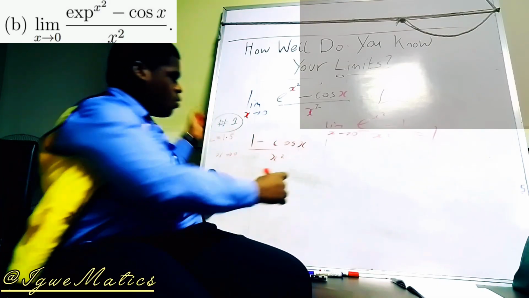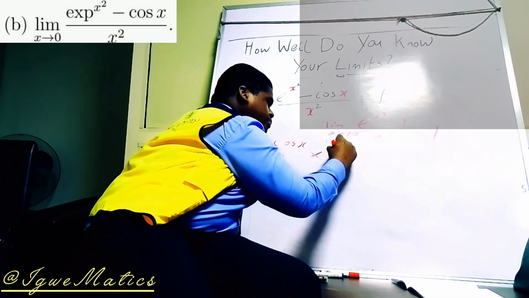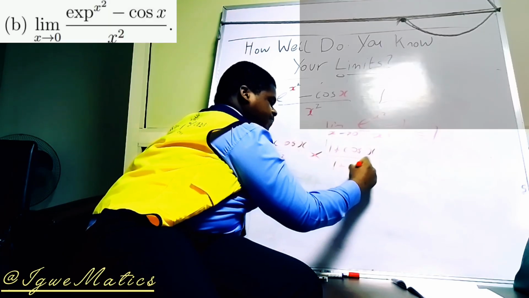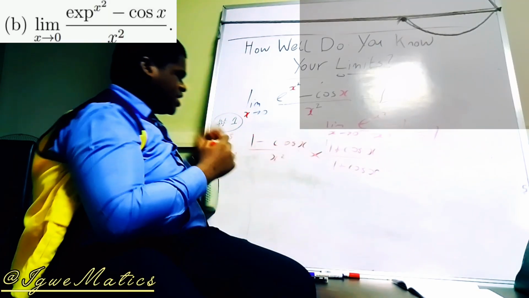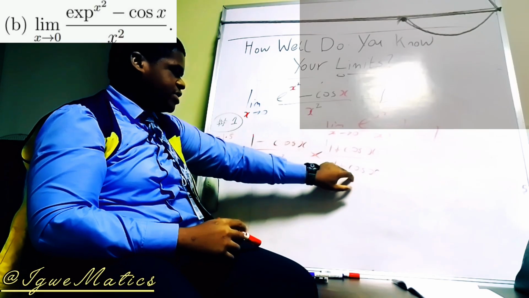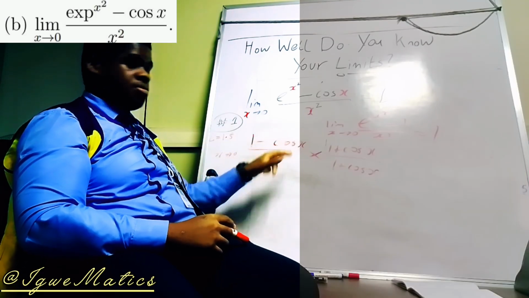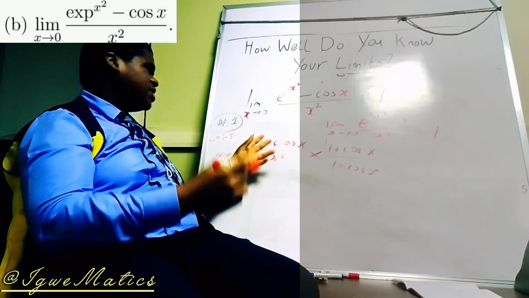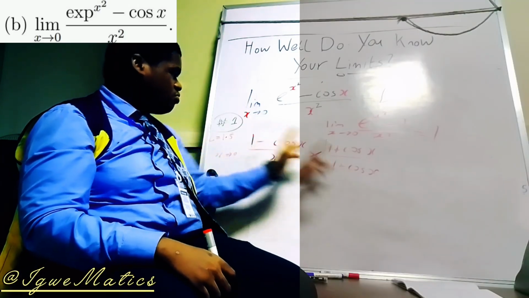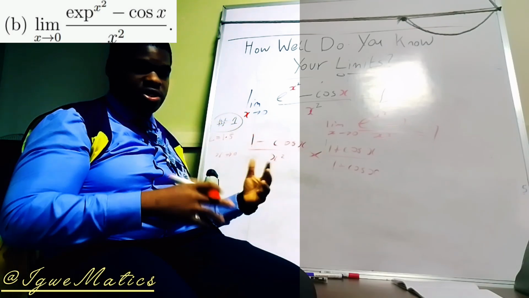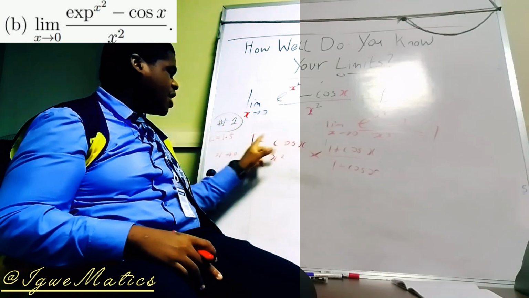So to solve this, we have to multiply this by 1 plus cos x divided by 1 plus cos x. Because 1 plus cos x is the conjugate of 1 minus cos x. Don't forget, when you are rationalizing, you just change the sign.